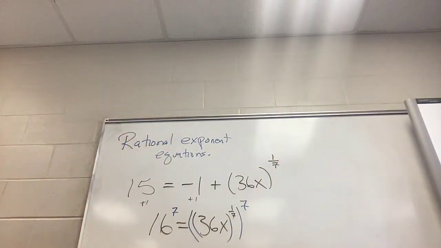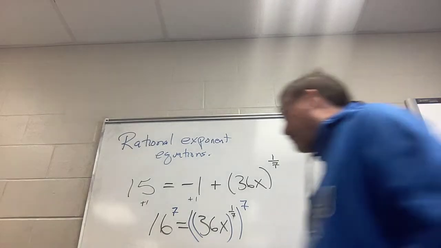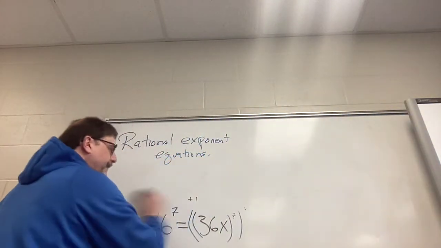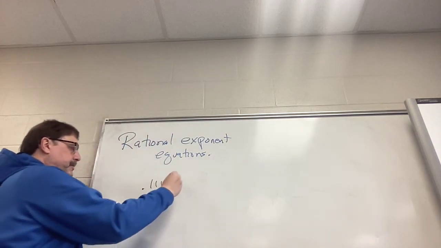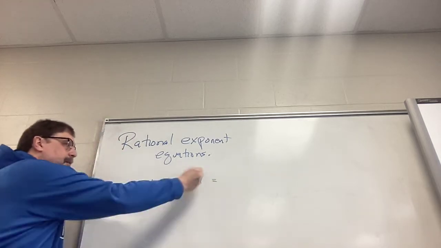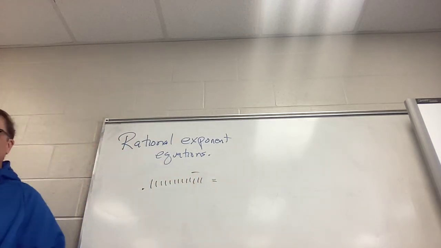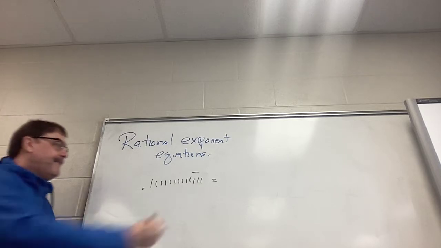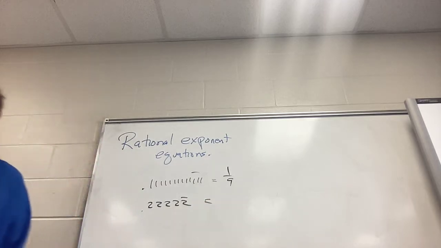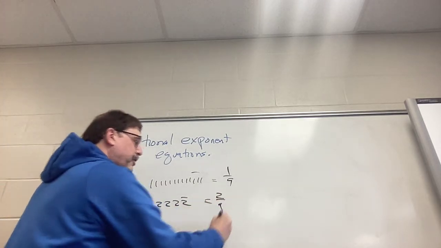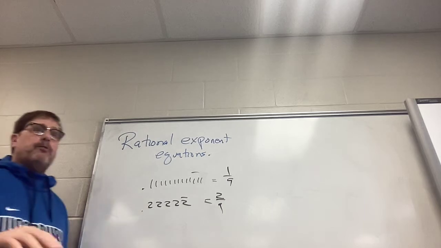Who is the best kid in here? What is 0.444 repeating in decimal? In fraction. Point one repeating is what? 1/9. 2 repeating is 2/9. 3 repeating is 3/9, which we often would reduce.